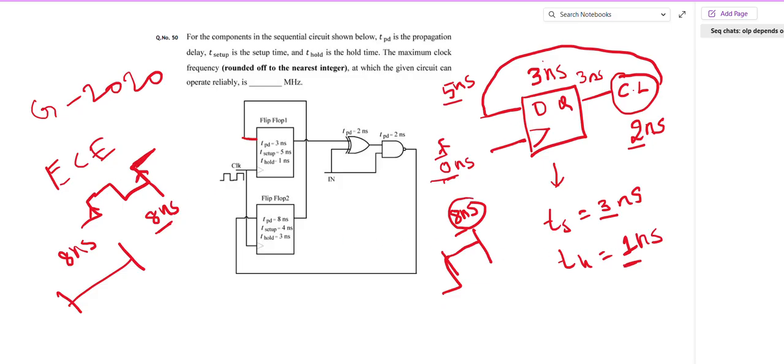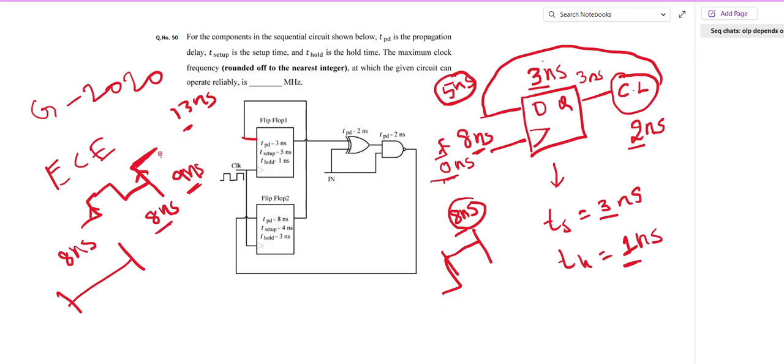That means between 8 to 9, your input should not change. But actually, if I apply an edge at 8 nanosecond, this 3 nanosecond flip-flop delay and 2 nanosecond combinational delay mean up to 5 nanosecond there will be no change. That means up to 13 there is no possibility of change in the input. So I can ignore the hold time.